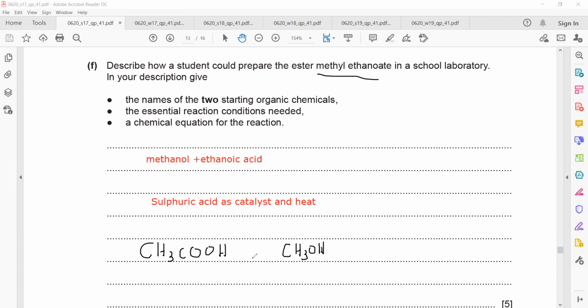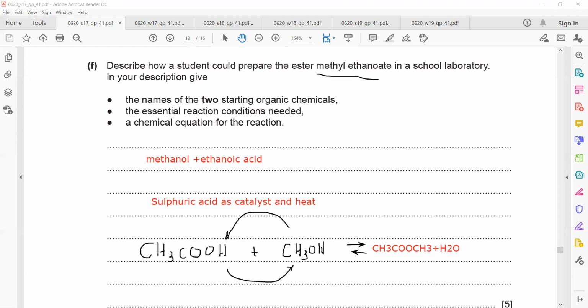So what is the result? The whole carbon chain will take the position of the hydrogen. So it will form methyl ethanoate plus water, and the reaction is reversible. So when you complete this, this will be the product.